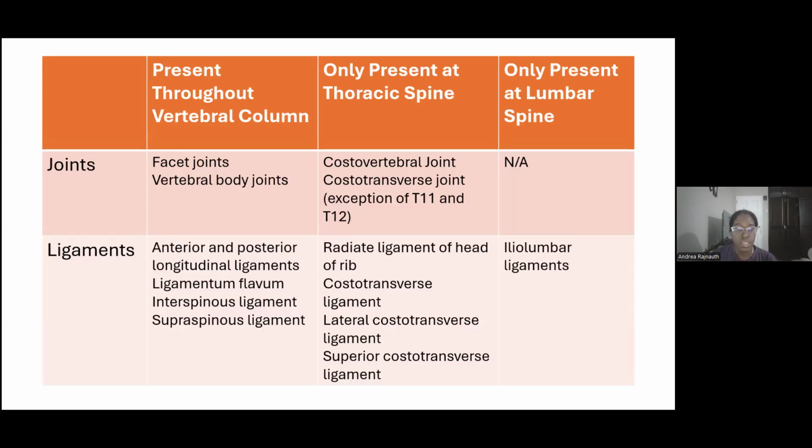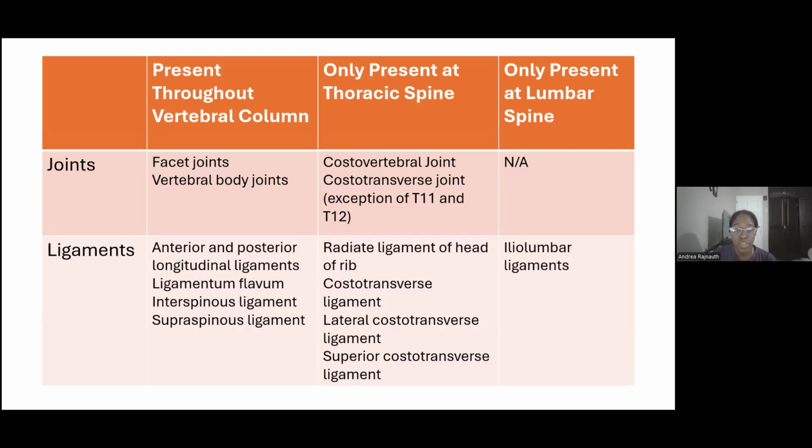This is a table comparing the joints and ligaments present throughout the vertebral column. Those are specific to the thoracic spine, and those are specific to the lumbar spine. In regards to the joints, throughout the vertebral column, they have facet joints and vertebral body joints.